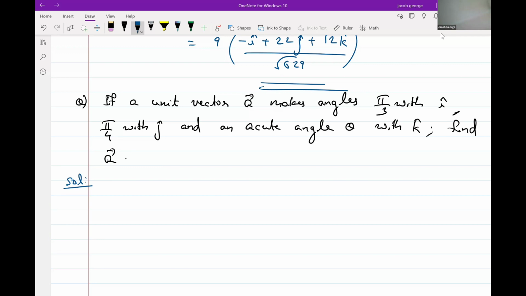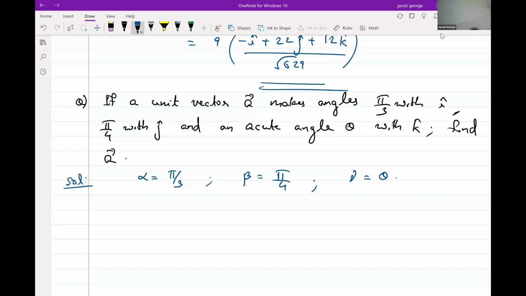X-axis. What is the angle with the x-axis, alpha, beta, or gamma? Alpha is equal to pi by 3. Then pi by 4 with the j cap, so beta is pi by 4. Gamma is equal to theta. These are the three direction angles. We have to find this gamma, or theta.